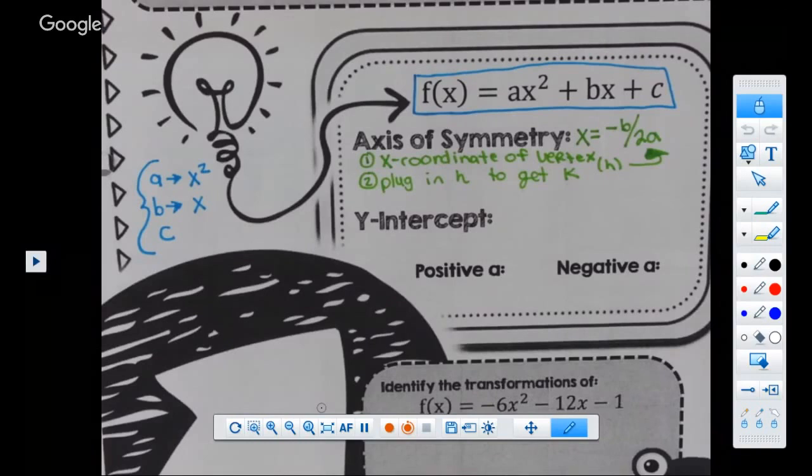What did we turn x into if we wanted to find the y-intercept? I'll wait. I'll let y'all think. Somebody tell me. What do you do with x if you want to find the y-intercept?